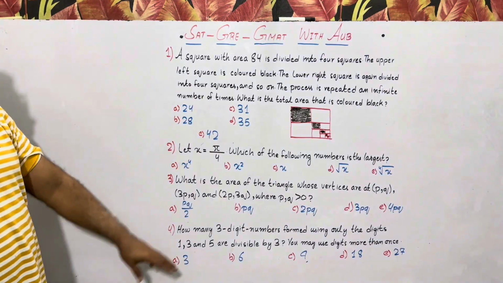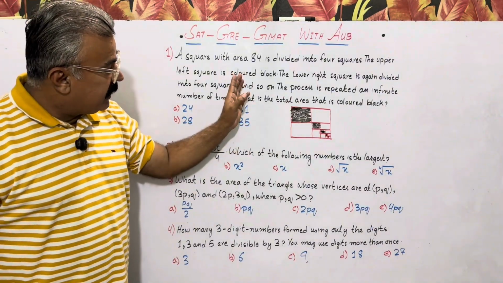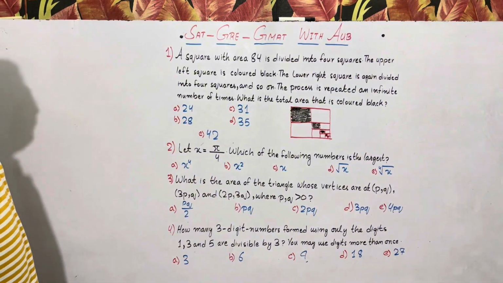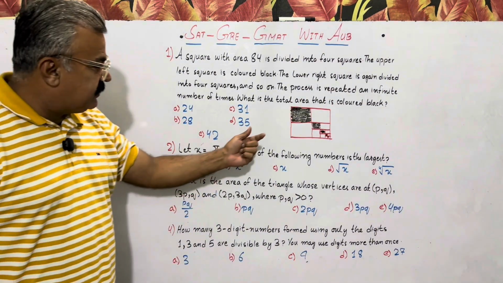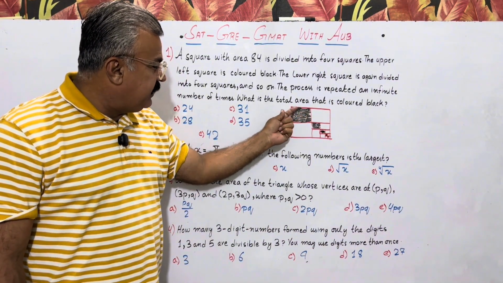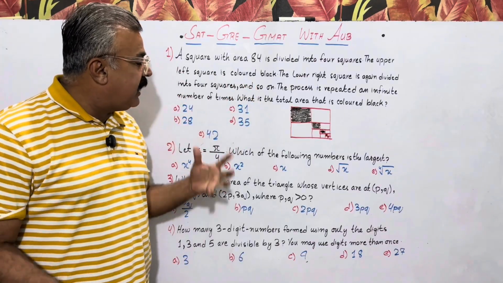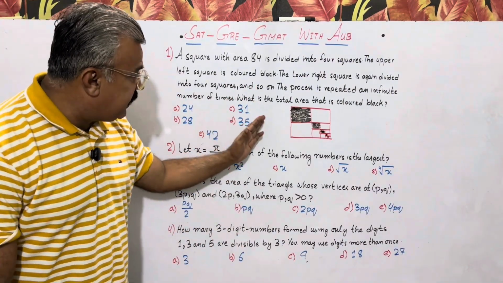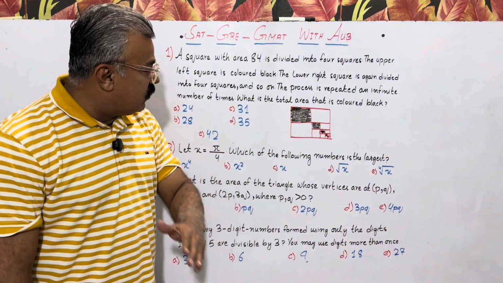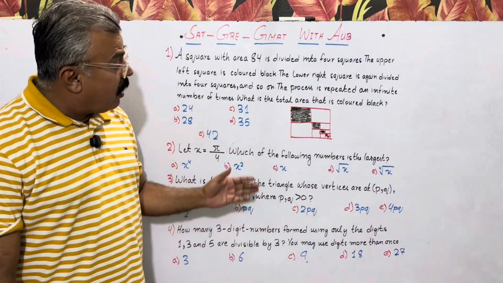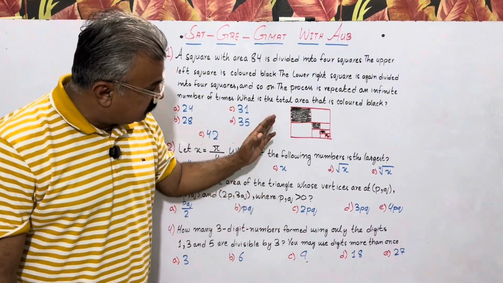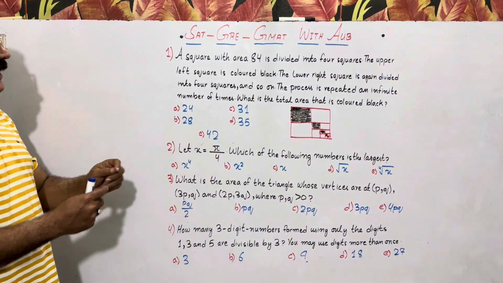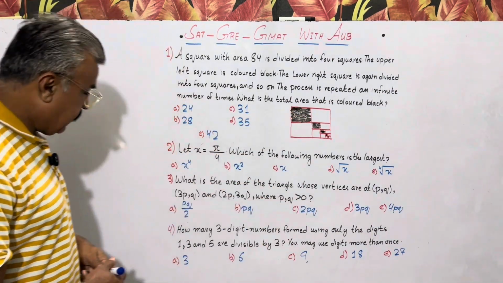We repeat this process infinite times, continuously. We have to tell what is the area of these tiny squares that we have formed according to the given condition, by shading 1/4, and 1/4 of 1/4, and so on up to infinite times. We have to find the area of these shaded regions.